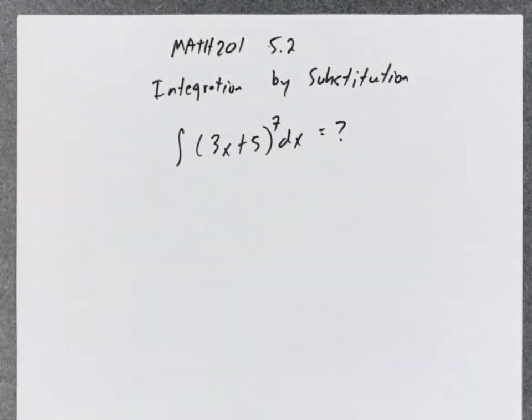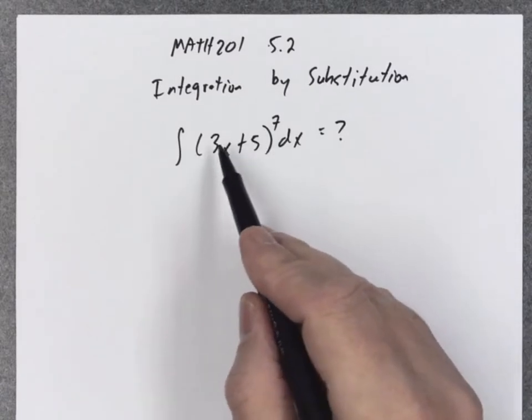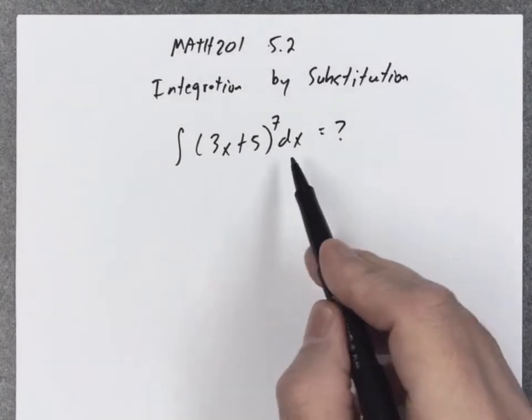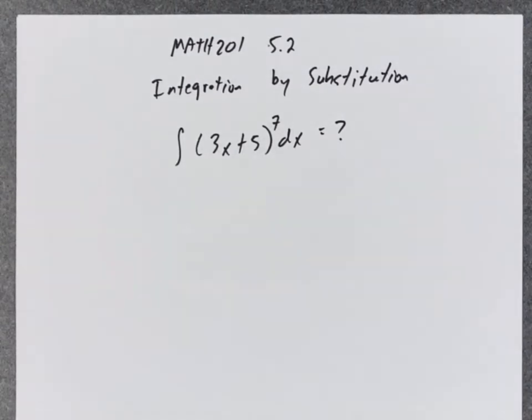I cannot use the power rule here. The power rule is just a variable raised to a numerical exponent. Even though these are added, it's inside the parentheses, raised to a power. As of now, I don't have a way to solve this integral.